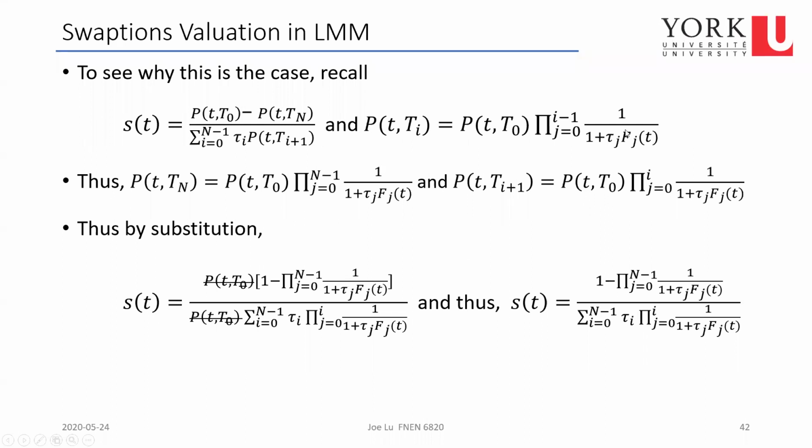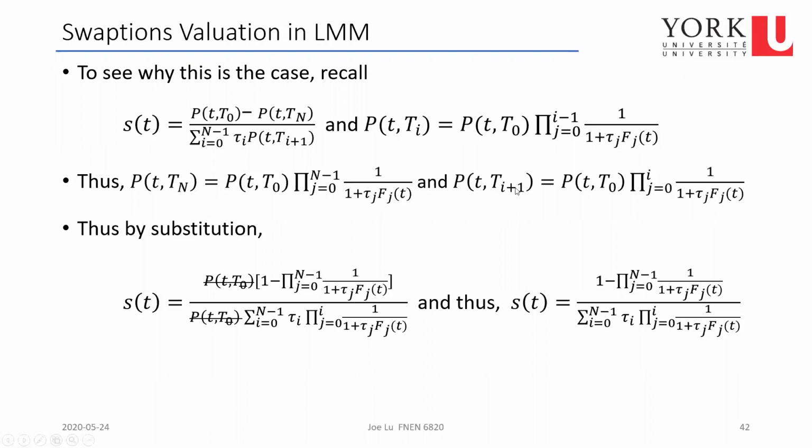from here, we then say, let's have an expression for P(t, Tn), and let's also have an expression for the denominator, each of those P(t, Ti plus 1). So this P(t, Tn) from here is P(t, T naught) times the product all the way from I equal to 0 to n minus 1, because we need a Tn here.